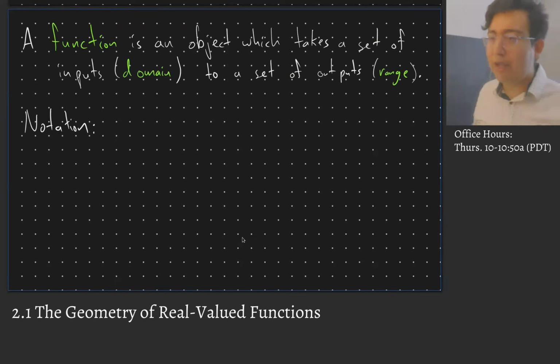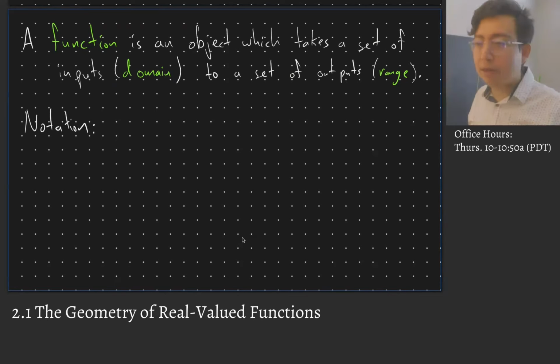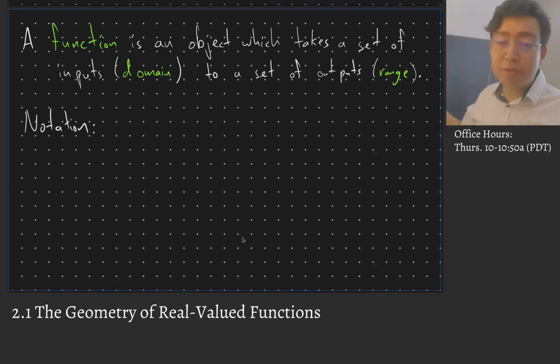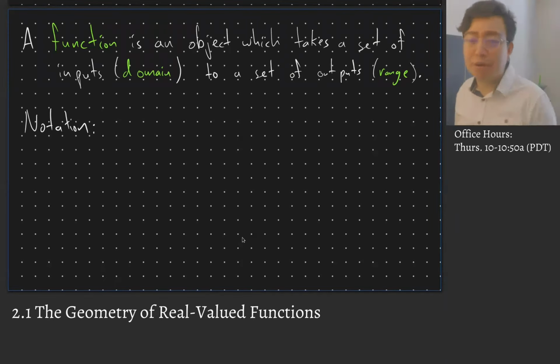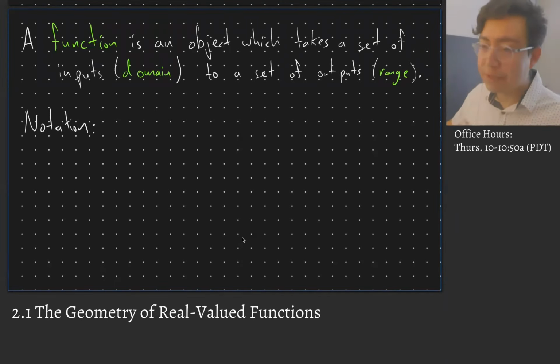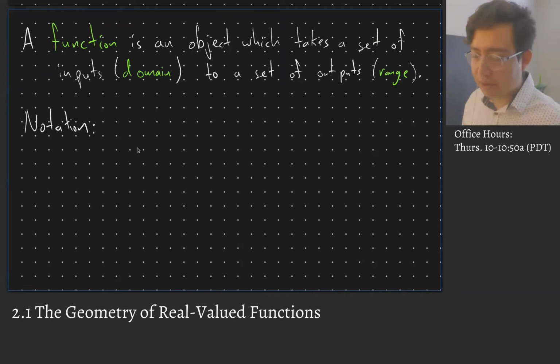And the way we're going to talk about them in this class is that all of our inputs are going to have something to do with the real numbers. Everything's going to be real numbers. But you might have more than one real number input in a given function, or more than one real number output in a given function. So for the notation here, we usually give the function a name that's a letter.